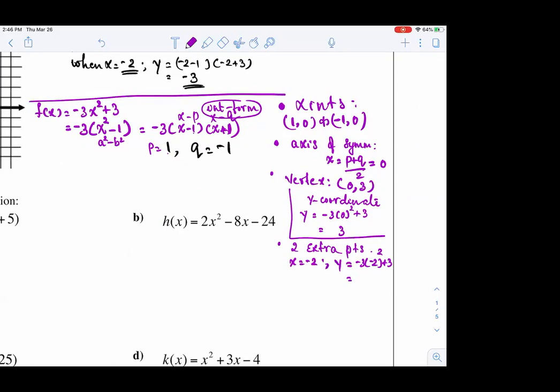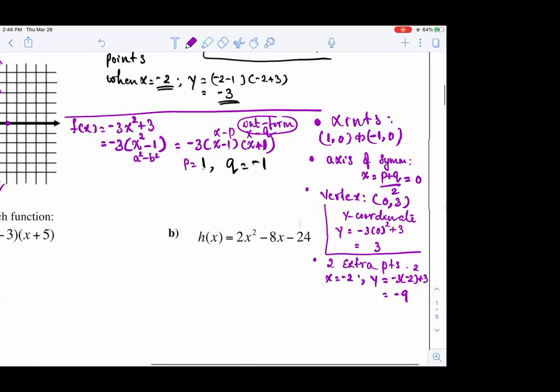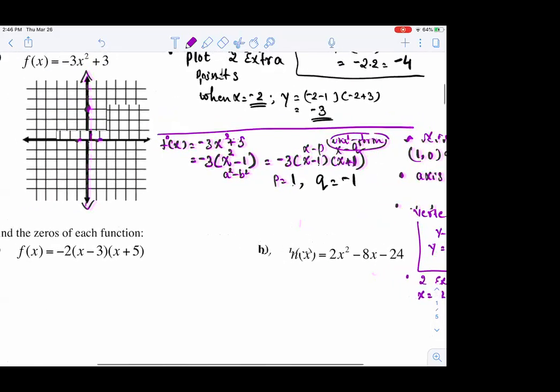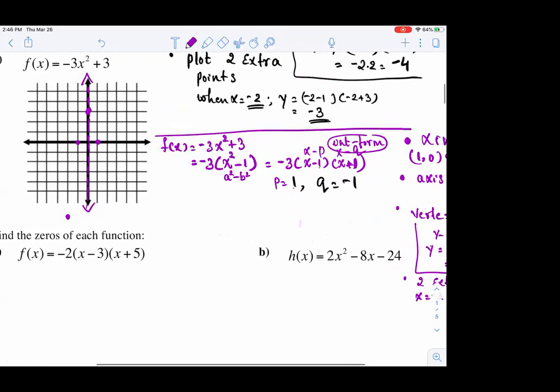I'm sorry, -12 plus 3, sorry. -9. So that's the first extra point, -2, -9. I'm going to plot it somewhere here. Then we can just reflect it across the other one. So that's going to be right here.